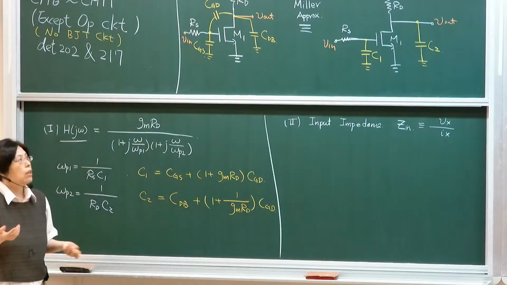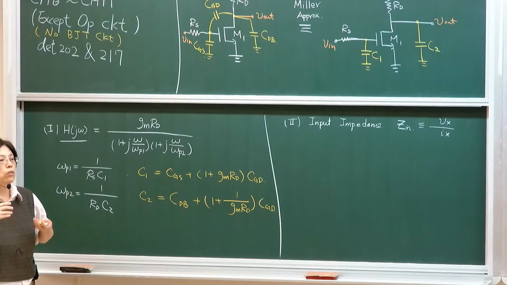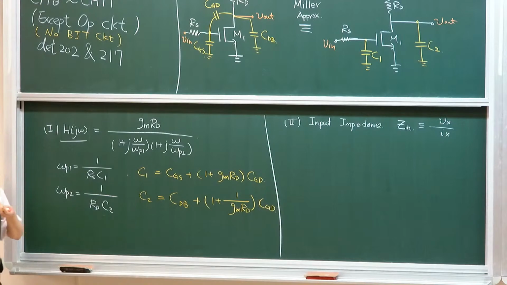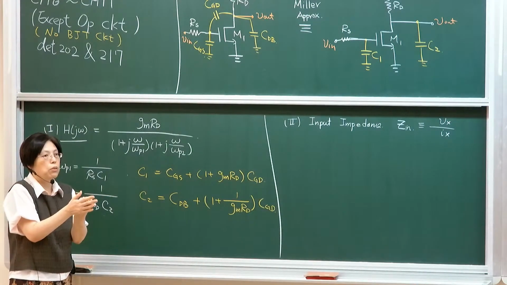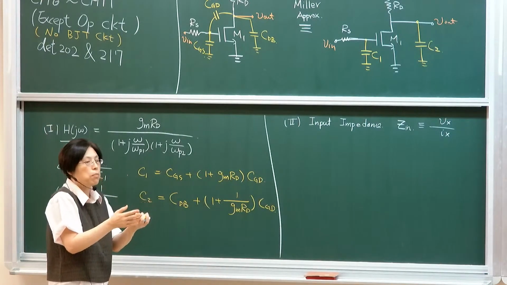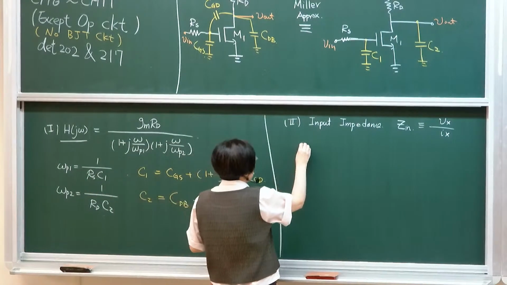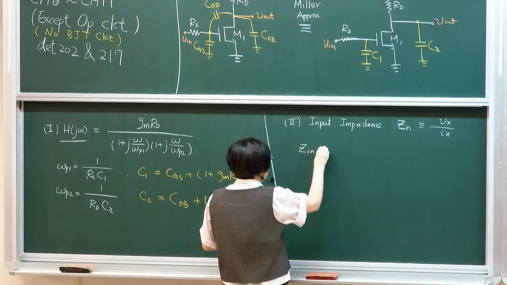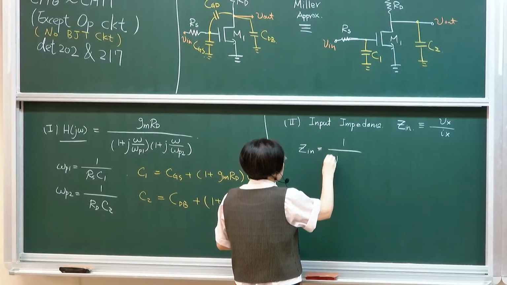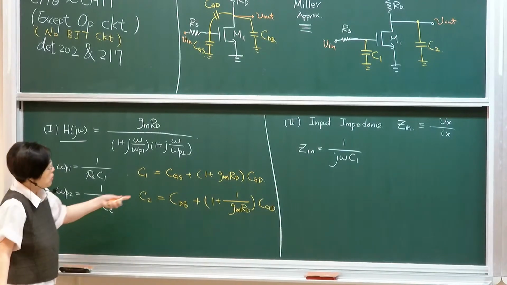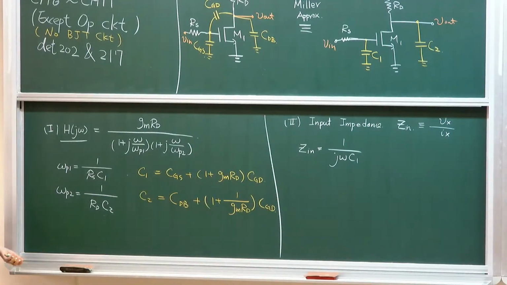But in this case, now we need to consider charging current. Previously, the reason you have an infinite input resistance is because you only consider DC current. We have an insulator at the gate, therefore there's no DC current. But now we need to consider charging current, therefore your input impedance will be very easy. It's 1 over j omega C1. Okay? So that's your input impedance.